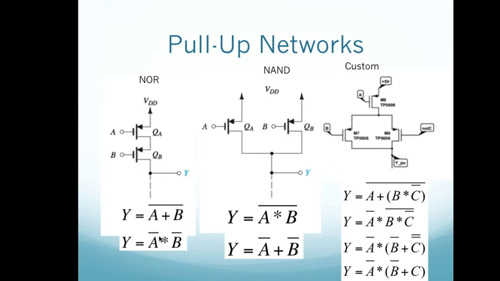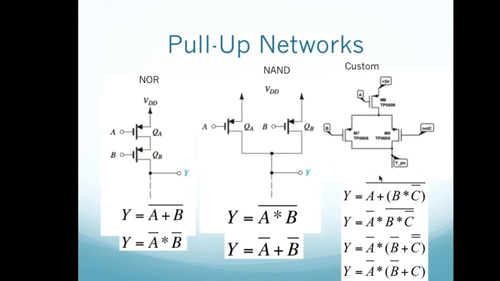That's the tricky part about pull-up networks: even though I write A here, A bar shows up in the equation. Similarly for a NAND gate, I take the original equation and break it up using De Morgan's law, so I have A bar or B bar, and OR leads to parallel paths, so Y is high if A is low, or if B is low, or both.